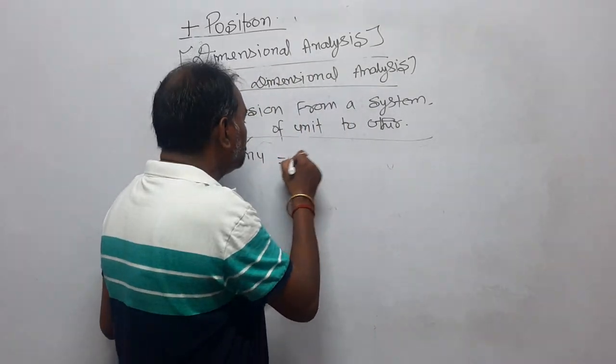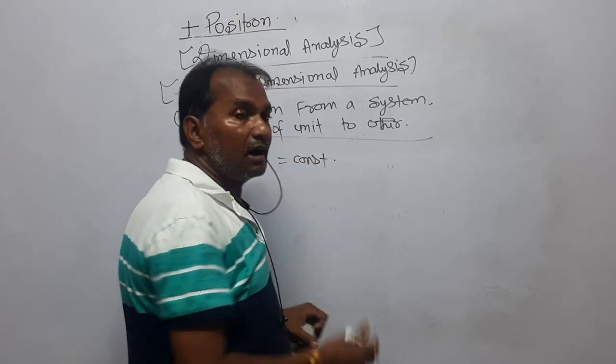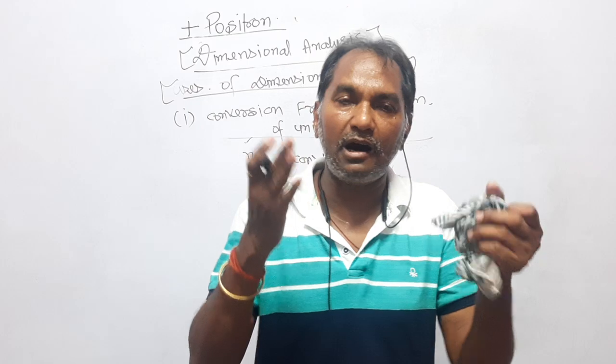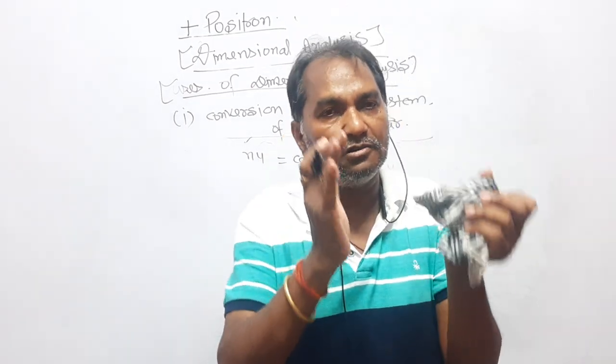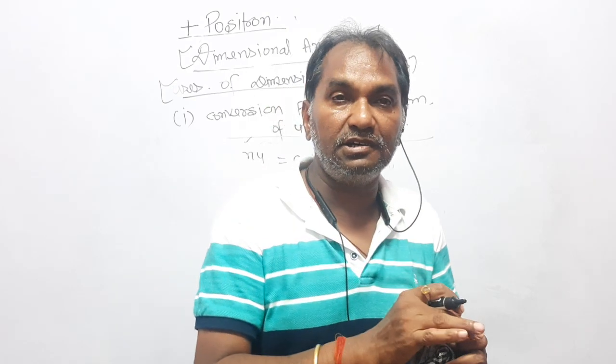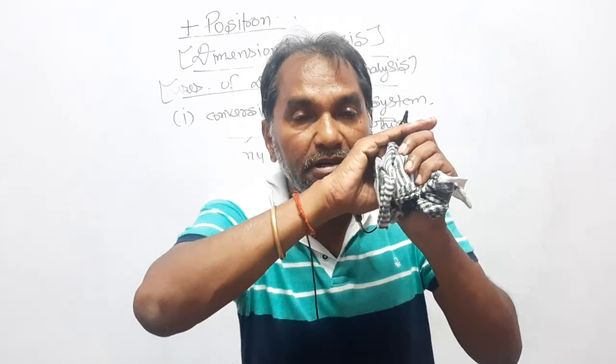And n into u is equal to constant. Why? As you said, 1 kilogram sugar is equal to 1000 gram. Either you say 1 kilogram or you say 1000 gram. If you are converting the unit, the quantity does not change.